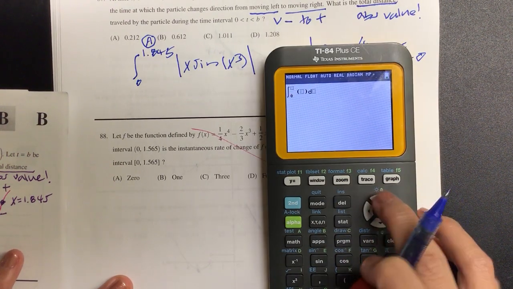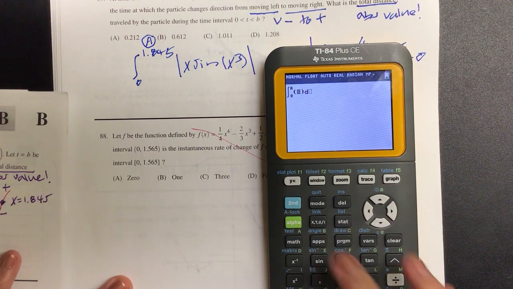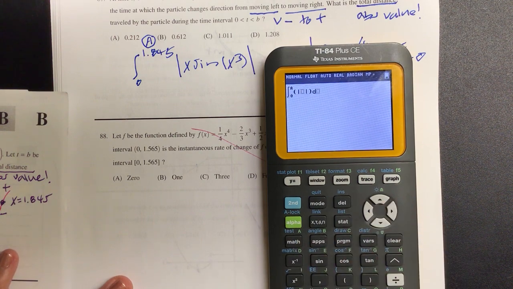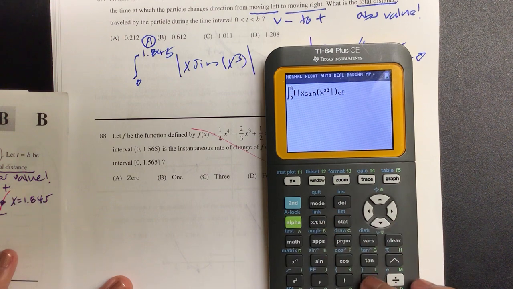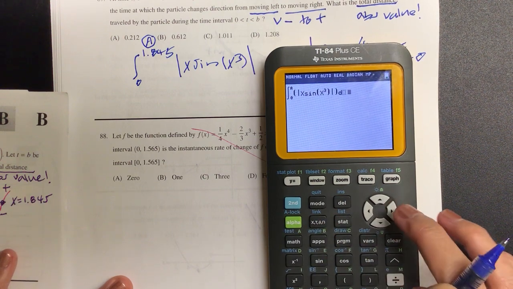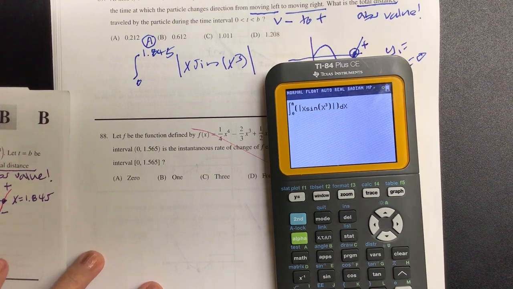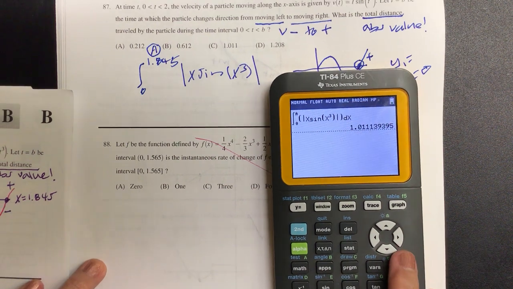We're going from 0 to alpha A, and then our function is going to be the absolute value, by saying math absolute value x times sine of x cubed dx. And this should give you some value of any of the choices given. For me, it's going to take a while. What would that match to? Choice C.